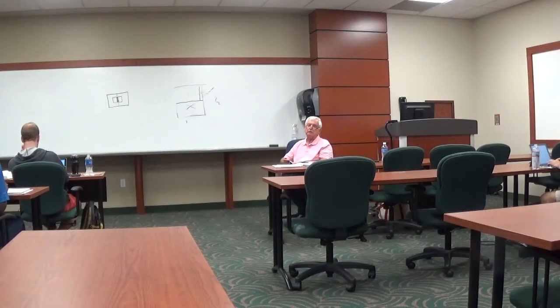Okay. The other type of easement is an easement in gross. Now what that is, is an easement which is a right to use someone else's property, but which is not connected with any adjoining piece of property.